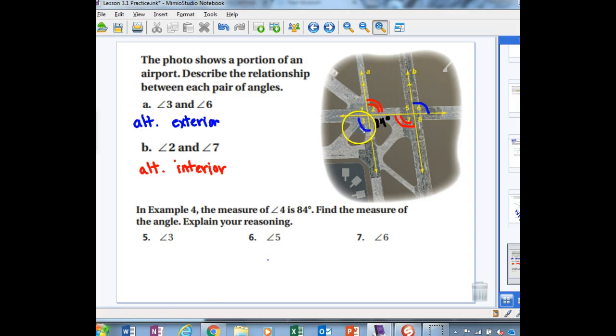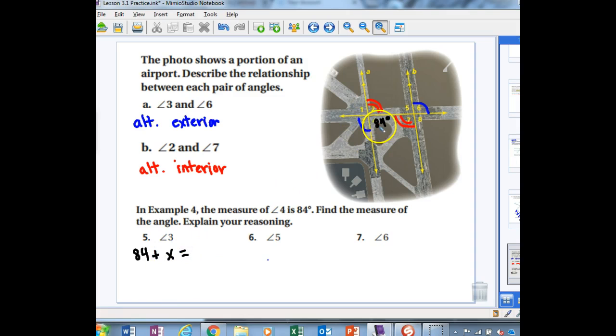What do I need to do to figure this out? I already know it's 84. It's right there. I need to find the measure of angle 3. How do I do that? By subtracting. So I need to write an equation. What do I know angle 3 and 84 are going to equal? No. Think again. 84, and I'm going to call angle 3 x, plus x is going to equal what?